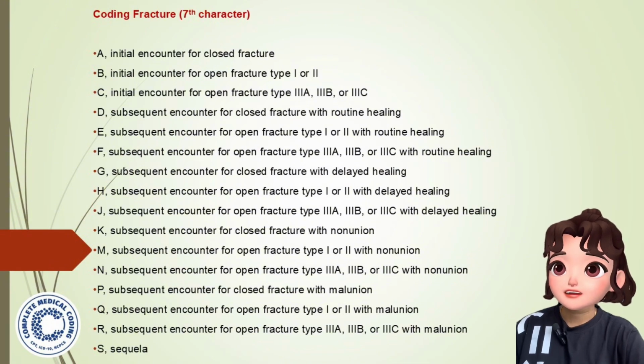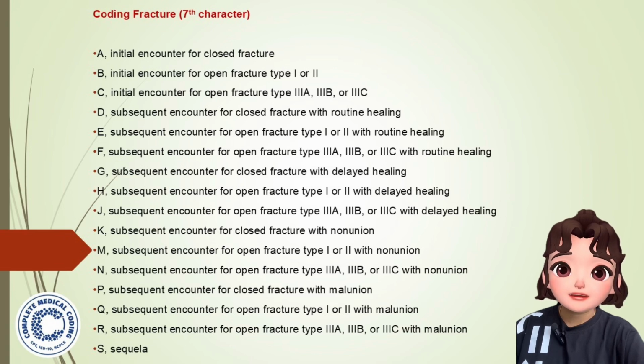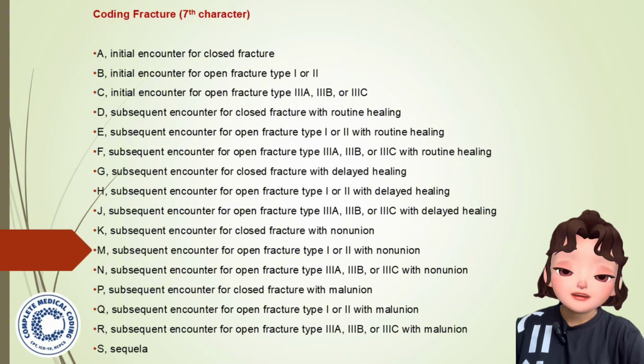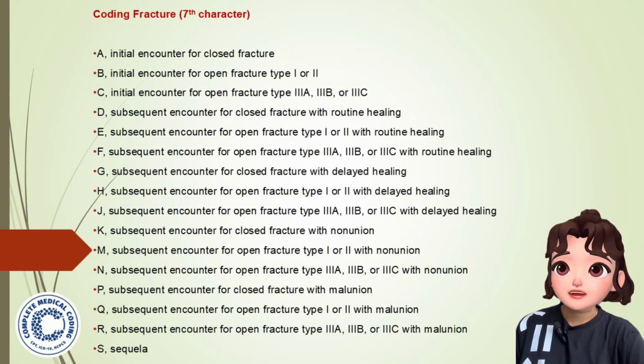B represents initial encounter for open fracture type 1 or 2. In our question, it was mentioned open grade 1. Grade 1 open, right? So it means open fracture grade 1 or grade 2. For those cases, you have to put the seventh character as B. And for alphabet C, initial encounter for open fracture type 3A, 3B or 3C. So for fracture type 3, you have to code C.